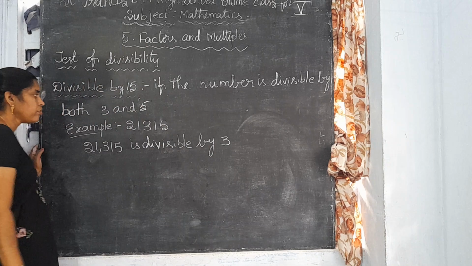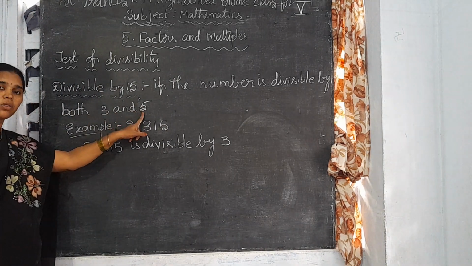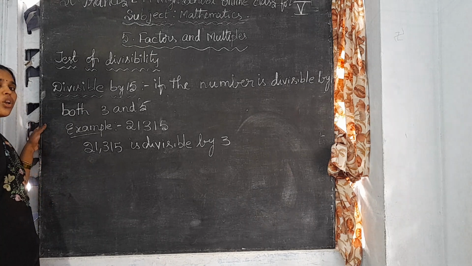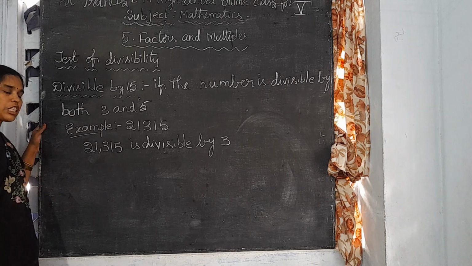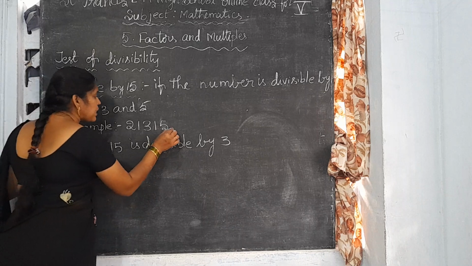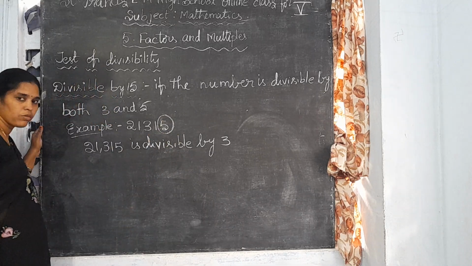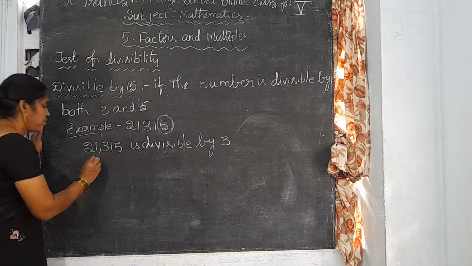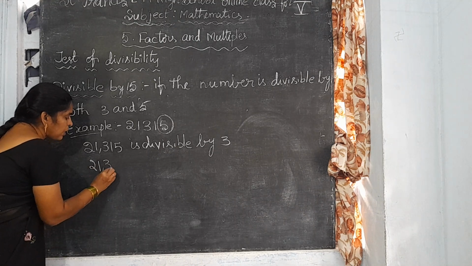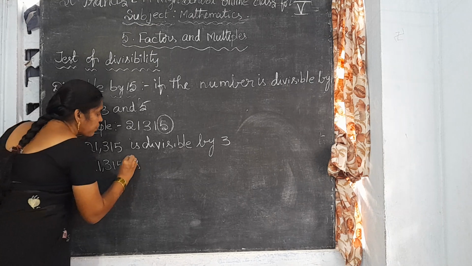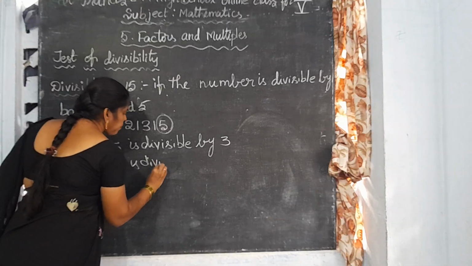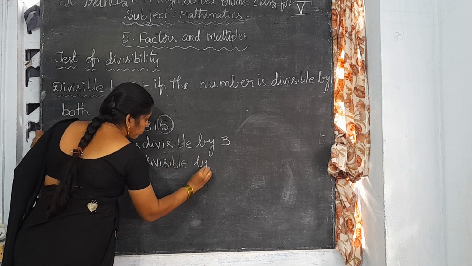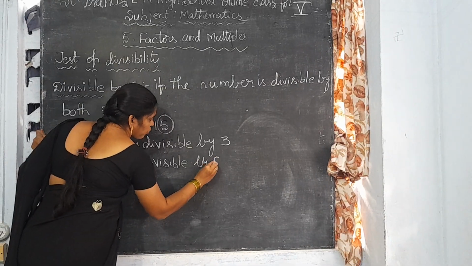And what is the rule of 5? The last digit, that is the ones place digit, must be 0 or 5, then the number is divisible by 5. What is the ones place digit here? 5. So the number is divisible by 5. 21,315 is divisible by 5.